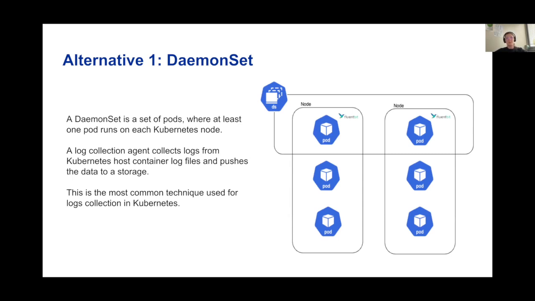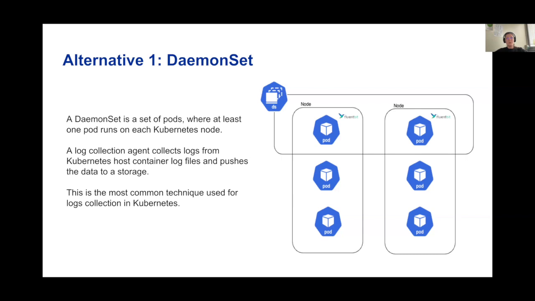A daemon set is a set of pods where at least one pod runs on each Kubernetes node. So on the right, you can see a diagram that displays two Kubernetes nodes. On each node, there are pods whose logs are stored in files on node's file system.